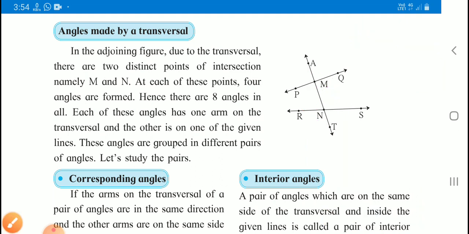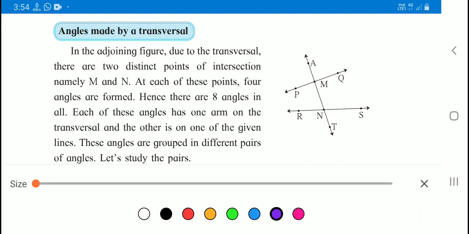Now next we will see the interior angles. Interior angles means the angles which are inside. Now here I will show these angles.